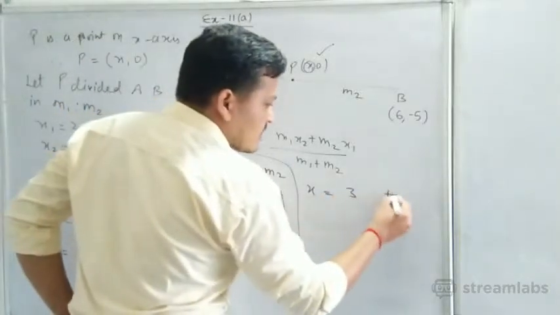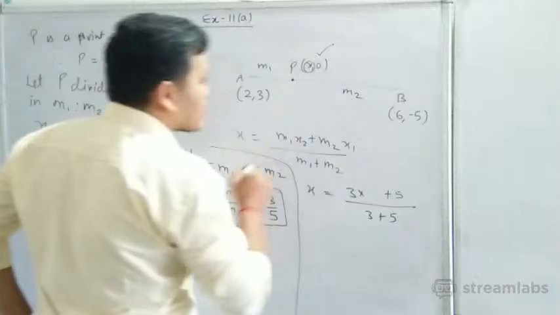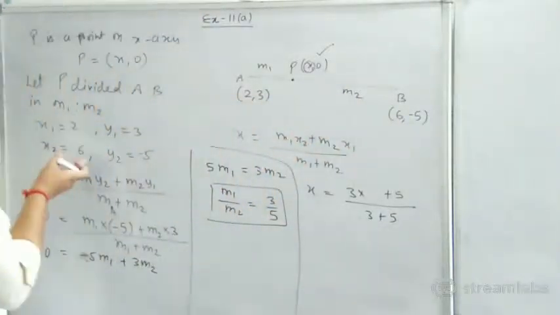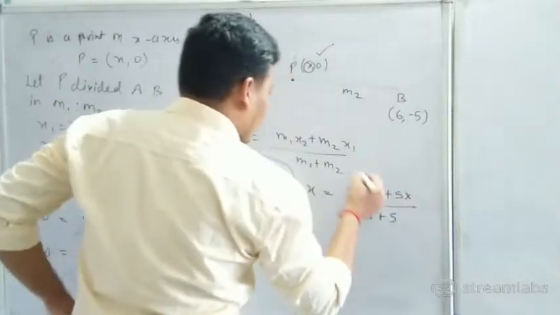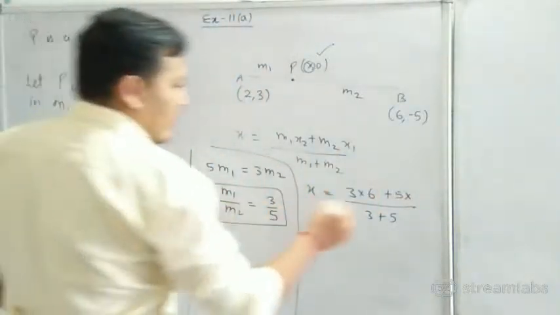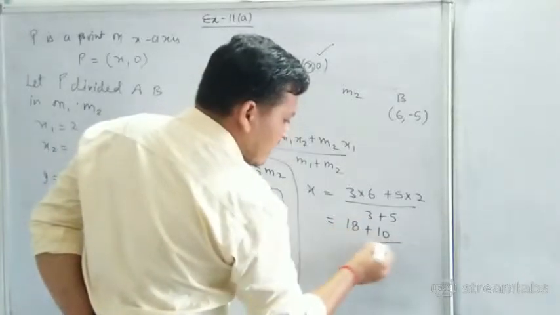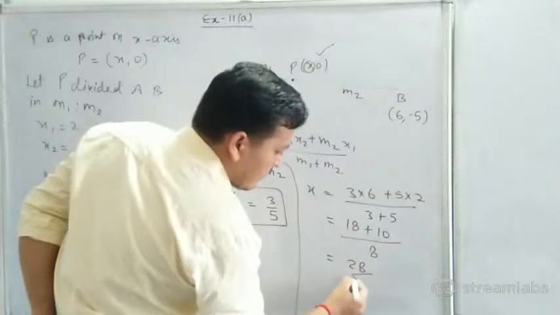So (3 plus 5) upon (3 plus 5), into x2. What is x2 here? x2 is 6, into x1. What is x1? x1 is 2. So 6 times 3 is 18, 5 times 2 is 10, and 5 plus 3 is 8. So this is 28 upon 8.